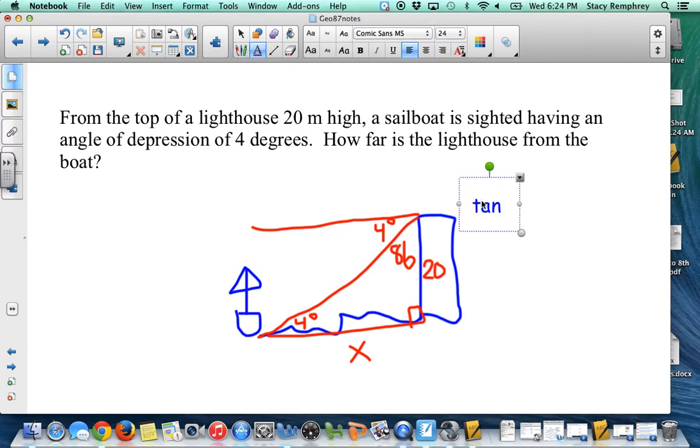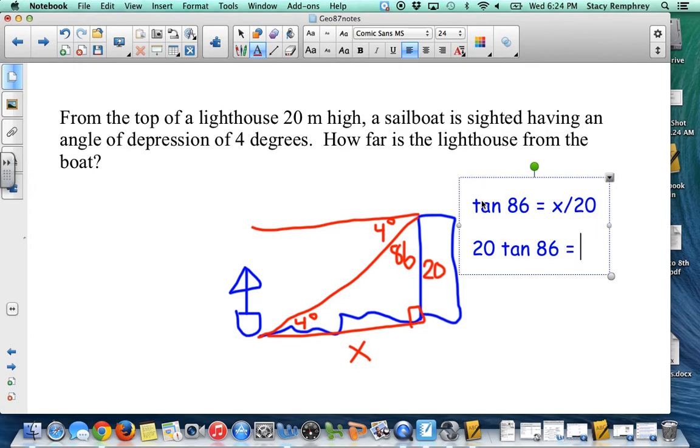So I'm going to say the tangent of 86 degrees equals x over 20. I'm going to multiply both sides by 20. So I get x equals 286 meters. And that concludes our application for trigonometry.